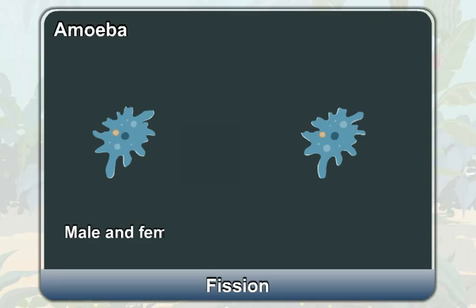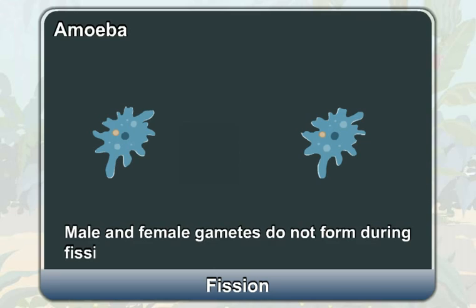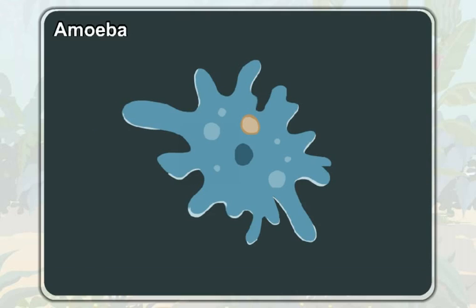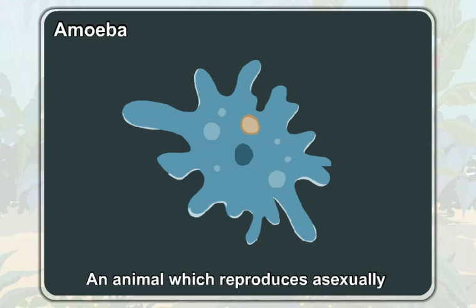As male and female gametes do not form during fission, fission is a type of asexual reproduction. So, an amoeba is an animal which reproduces asexually.